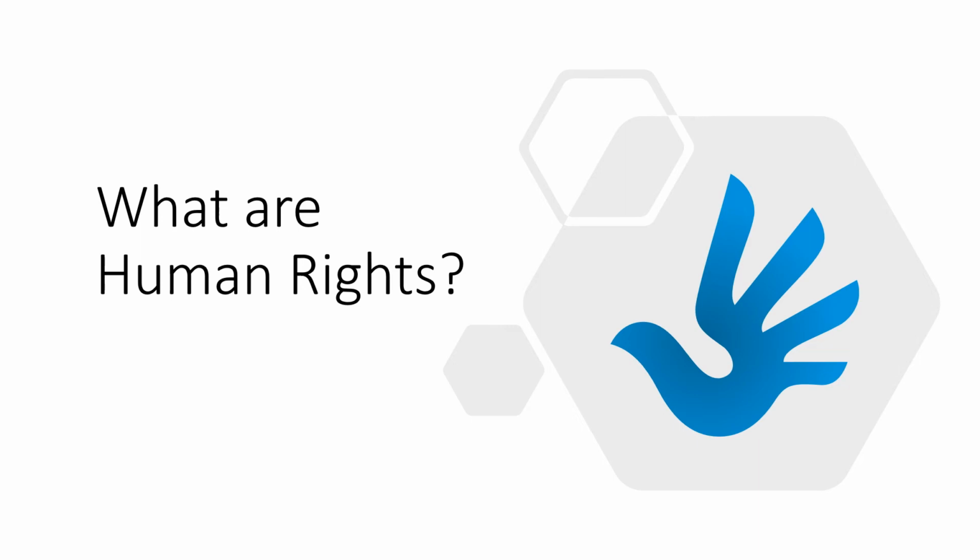So the idea of human rights, although there is a United Nations Declaration of Human Rights, is not set in stone and it changes through the years. So, for example, the idea of women's rights in the 1940s is very different to what the idea of women's rights are now. Okay, so the idea of human rights changes. It's not fixed. It's not in stone.